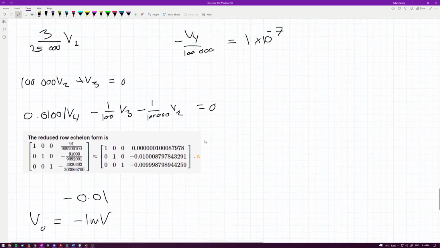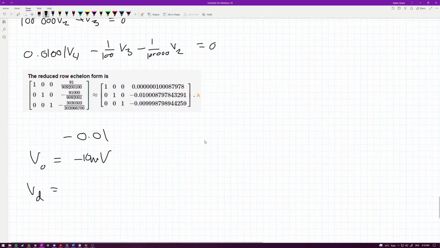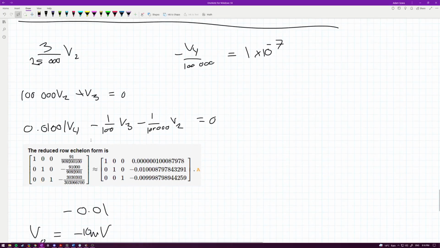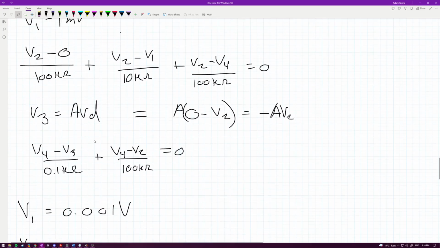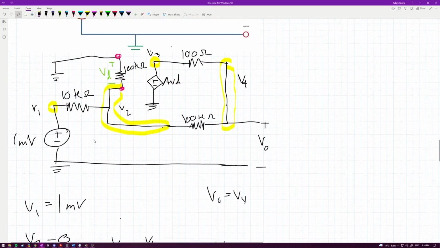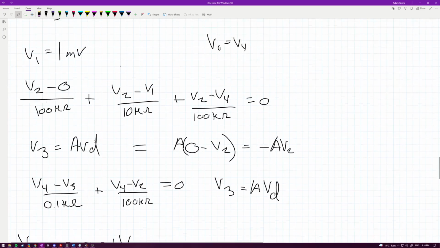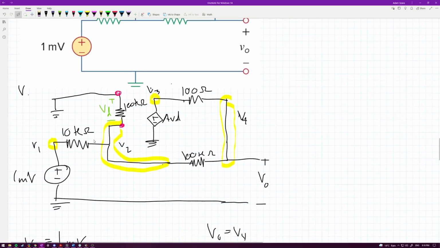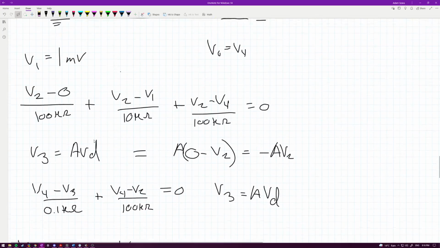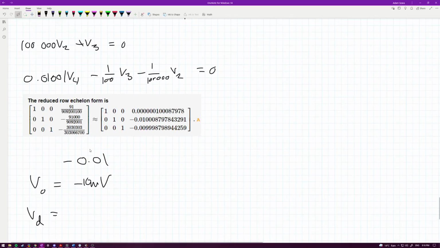It's supposed to be a 1 there. And then that's -10 millivolts, which is approximately what you got. And then VD, how do I get VD? V3 equals AVD. But then we determined that VD was equal to -V2. And V2 I got was that, so VD is 0.01 volts.